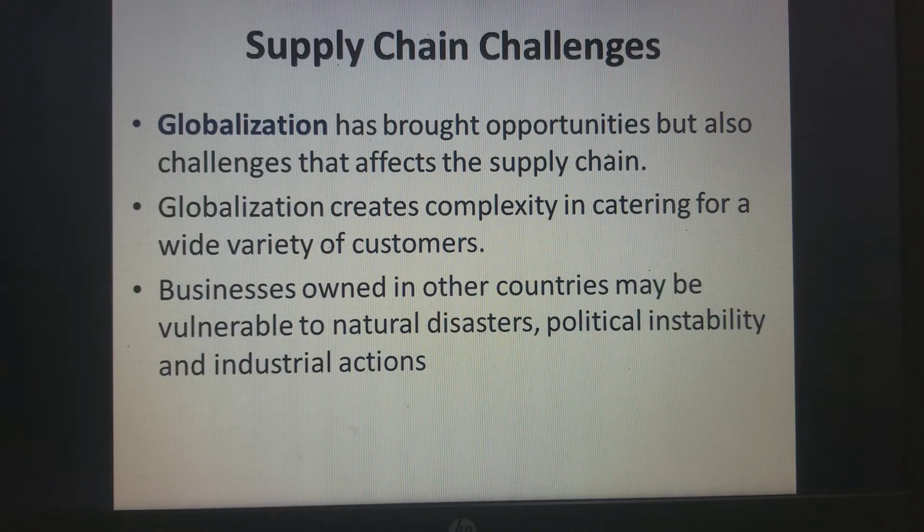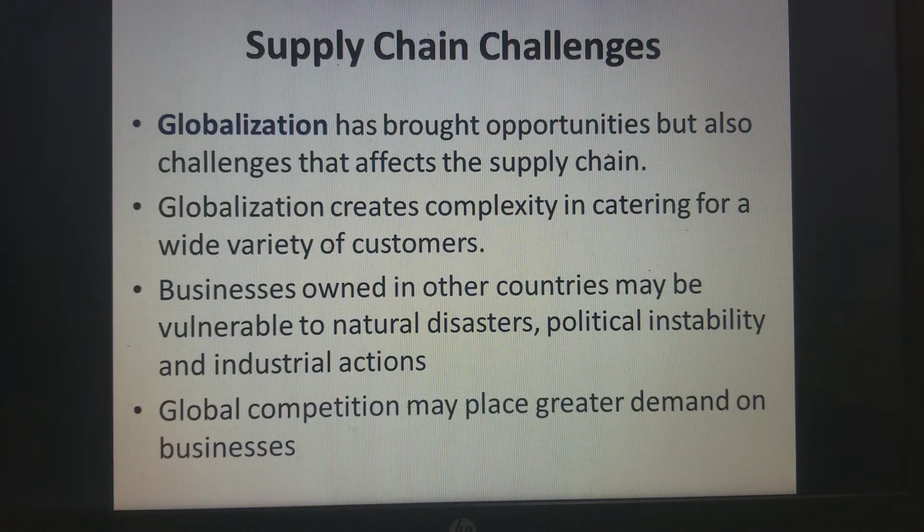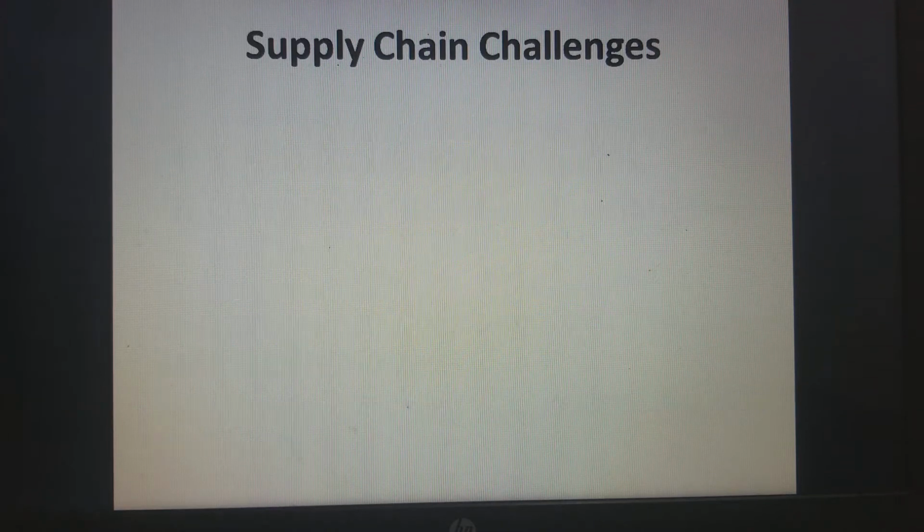Yes, businesses owned in other countries may be vulnerable to natural disasters, political instabilities, and industrial actions. All of those are disadvantages in a globalized supply chain market. Yes, global competition may place greater demand on businesses.